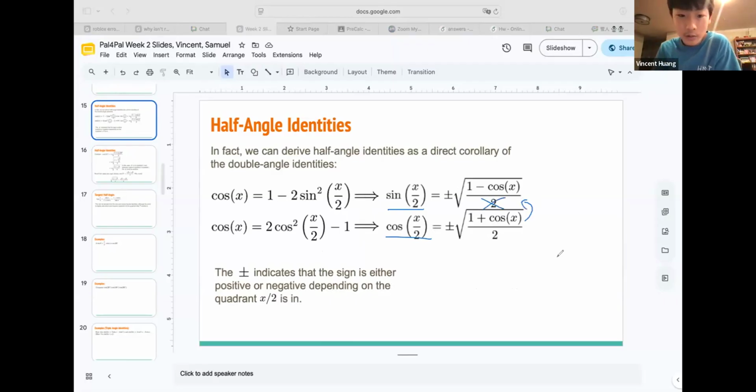So right now we have plus or minus the square root of 1 minus cos x over 1 plus cos x.